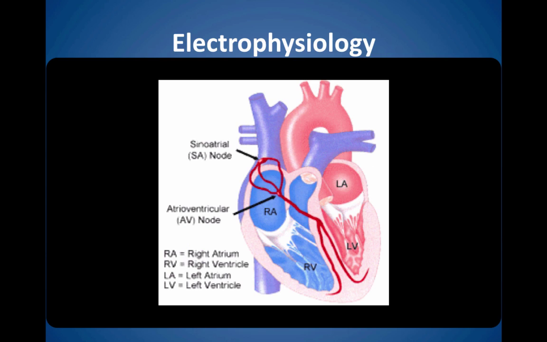atria. Okay, so there's a picture of the electrophysiology of the heart. The SA node, that pacemaker node, starts high in the right atrium. Then the impulse travels down through the septum, moves out to the apex, and then innervates back through the left and right ventricles.